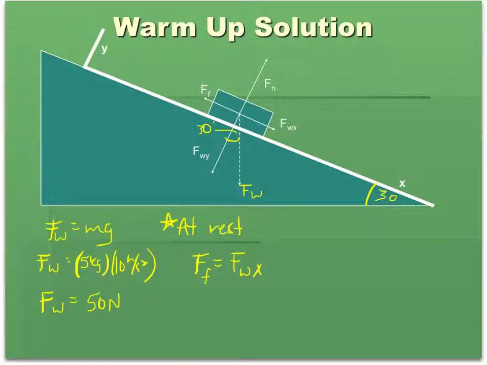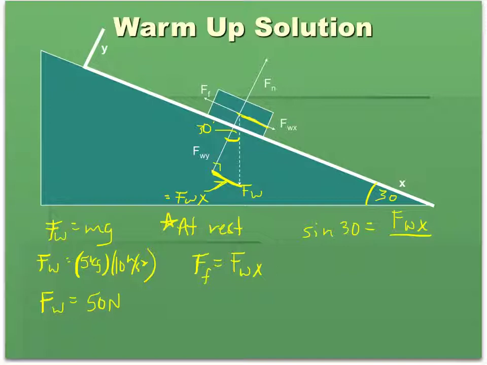Now if I look at this triangle where I know this 30-degree angle, I know that this side of that triangle is equal to my Fwx, and it's opposite of that 30-degree angle. So I can say that the sine of 30 is equal to the opposite side, Fwx, over the hypotenuse.